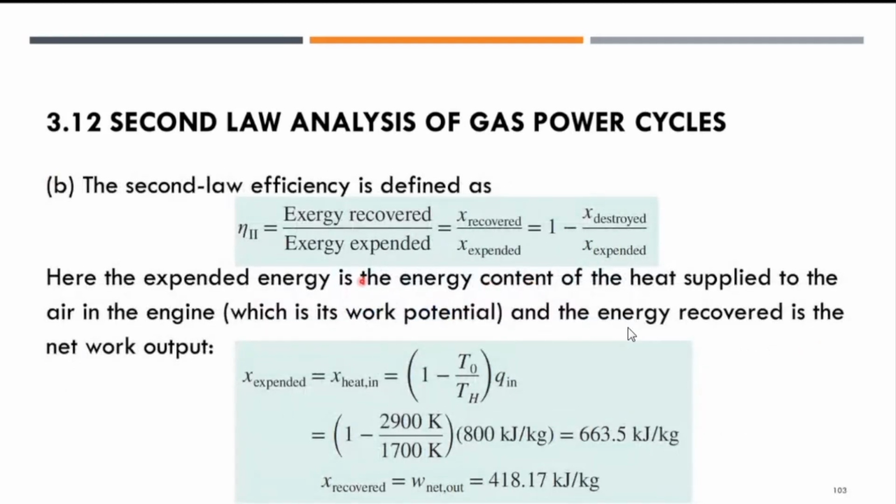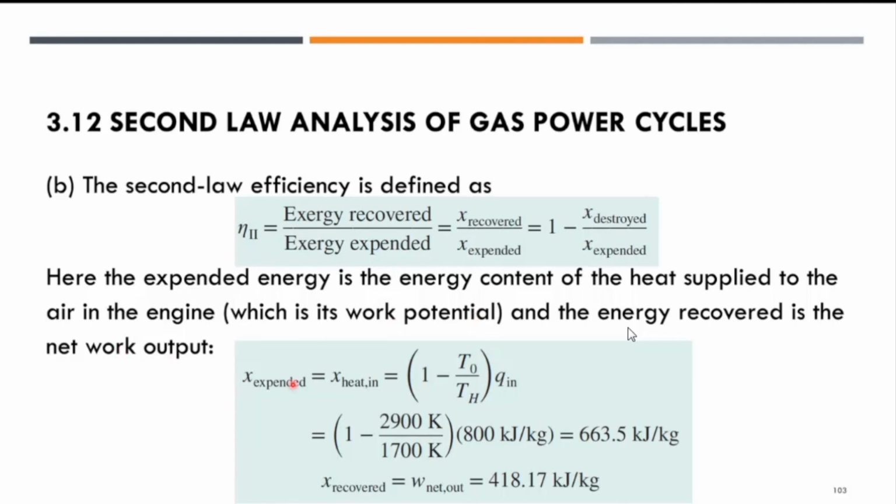At the same time, the second law efficiency is defined as the exergy recovered over the exergy expended. You can rewrite it as 1 minus exergy destroyed over exergy expended, where the expended exergy is the energy content of the heat supplied to the air in the engine, which is its work potential, and the exergy recovered is the net work output.